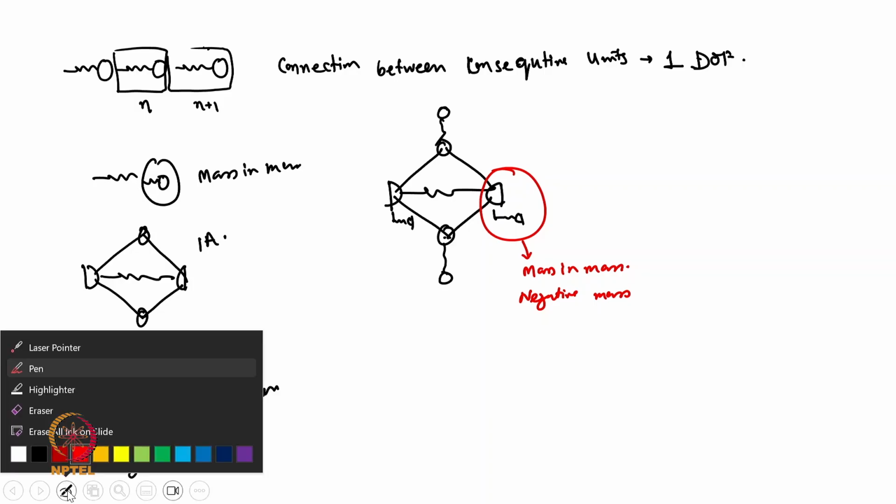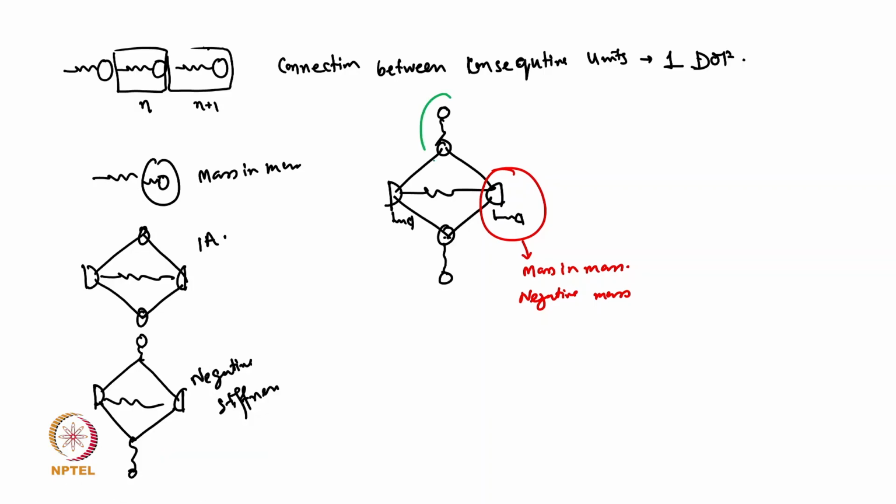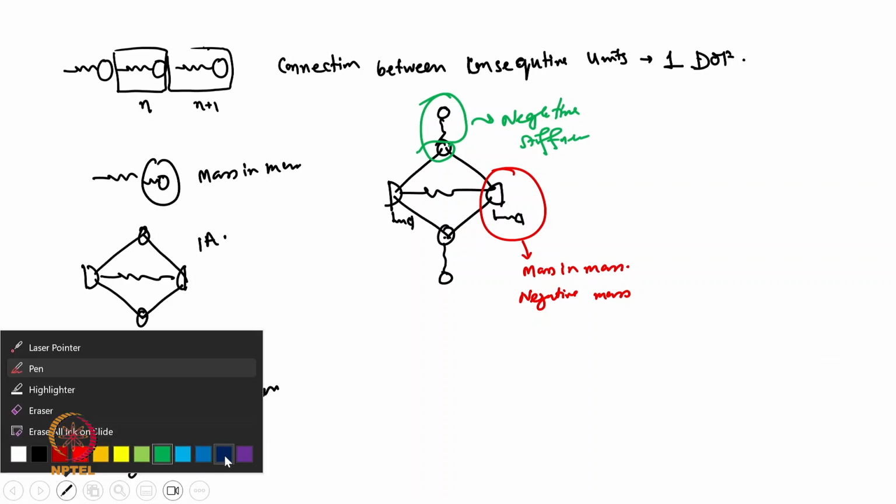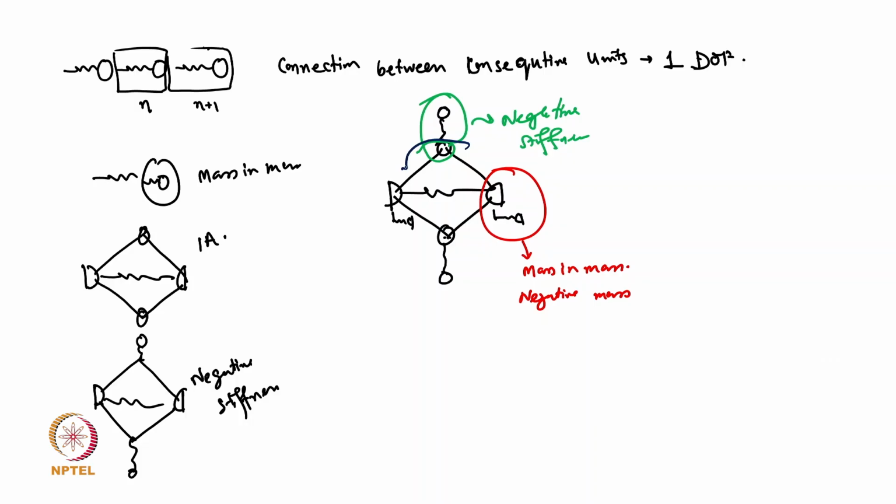Then in the top part we have a negative stiffness. That spring actually creates a negative stiffness. Now this portion and this link are creating the IA, inertial amplifier. So this combines all three different forms, and we can call it an IA NM NS system: inertial amplifier, negative mass, negative stiffness system.